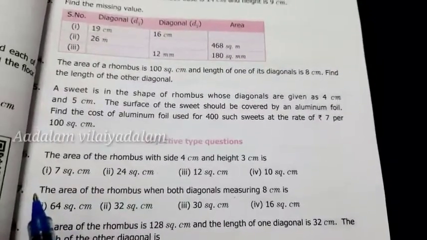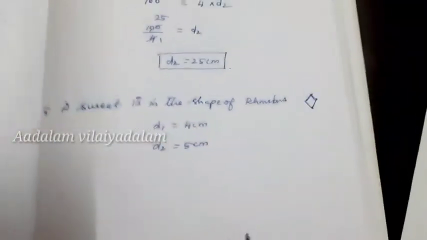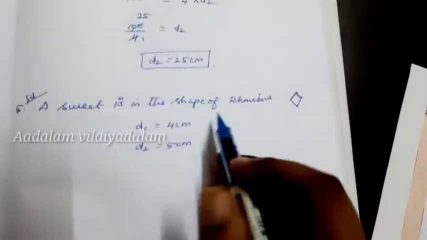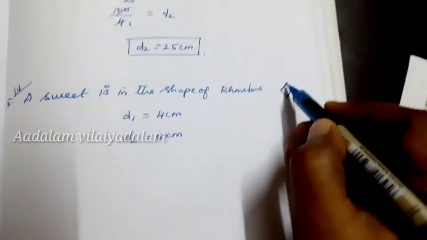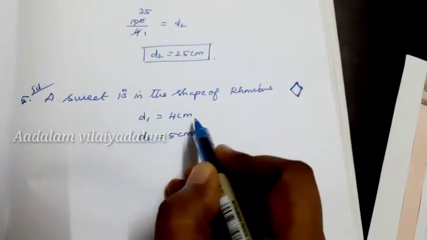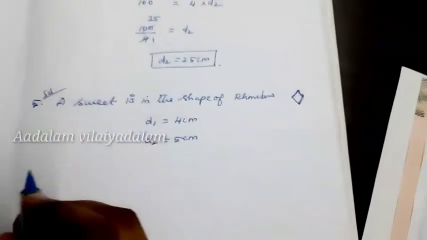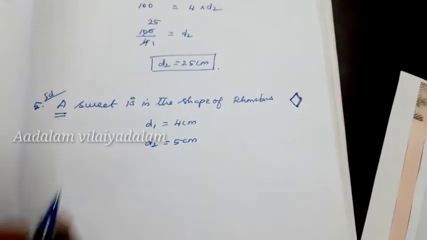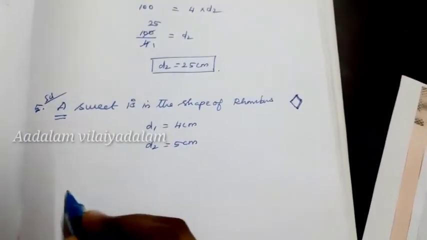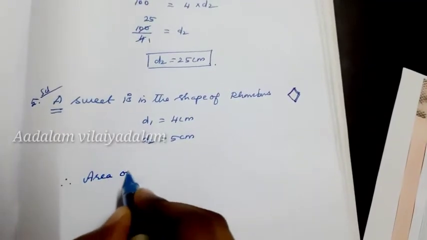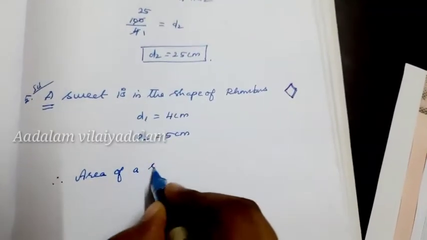Now let's go for the solution. So solution is, the sweet is in the shape of rhombus. Here d1 equal to 4 cm, d2 equal to 5 cm. So let's find the area of a single sweet.